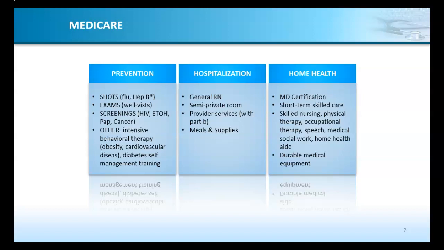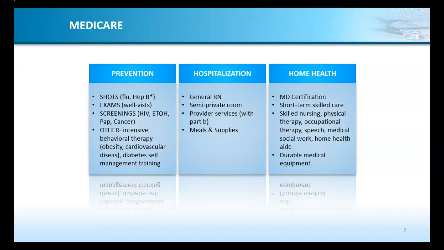When you think of home health, there are specific services that are covered, and that's why the prior slide had the asterisk. Services from an MD, a certified medical doctor, are covered. Your short-term skilled care is covered.